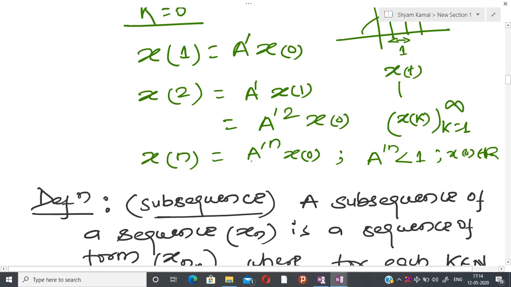I am going to tell that as k or n tends towards infinity, this particular sequence tends towards zero. So that is how we are generalizing, or we are able to solve the equation in terms of the sequence. This kind of problem is very general, because most of the time for linear systems we have a solution, but for nonlinear differential equations we have no concrete way to solve.